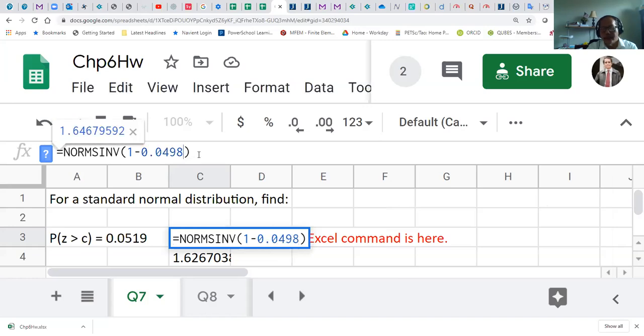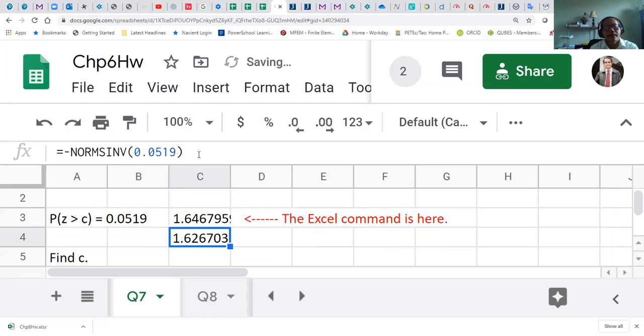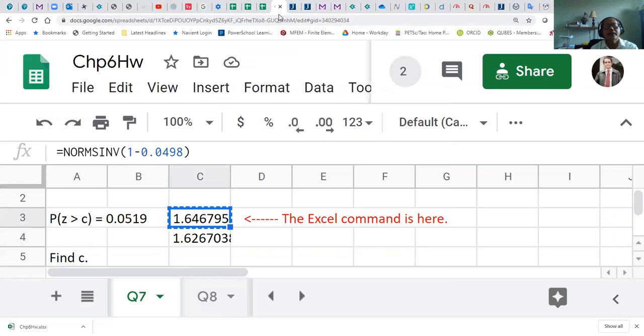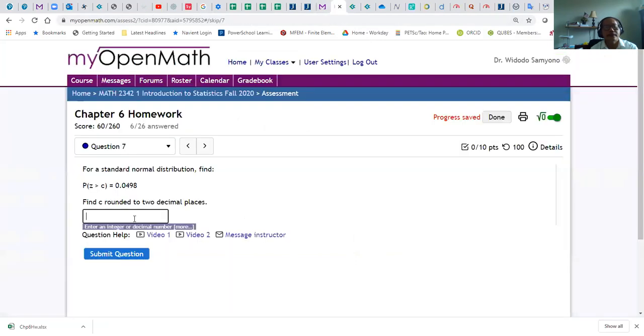Copy here, enter. So this will be the answer. Copy and paste it here. Two decimals, so your answer will be 1.65, right? Okay.